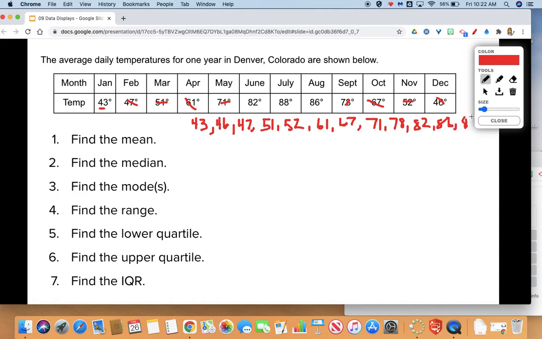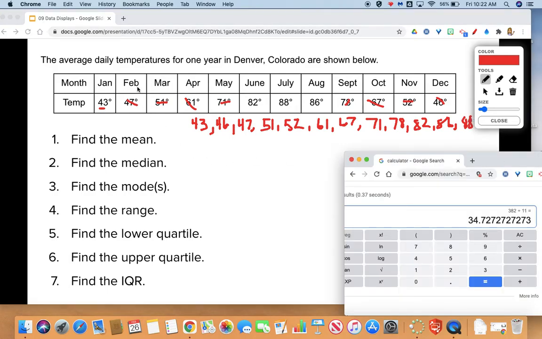All right, now we can find our landmarks. For the mean, we're going to add those all up, and then I have 12 months, so I'll divide by 12.